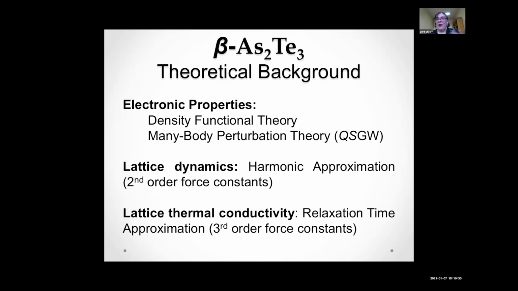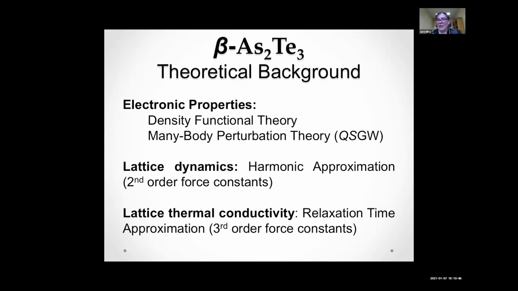However, you have higher order terms in order to obtain anharmonic properties, and these are phonon-phonon interactions, so it's heavier calculations.